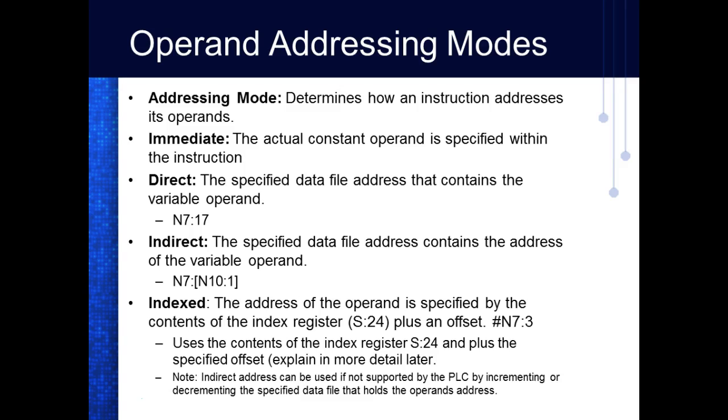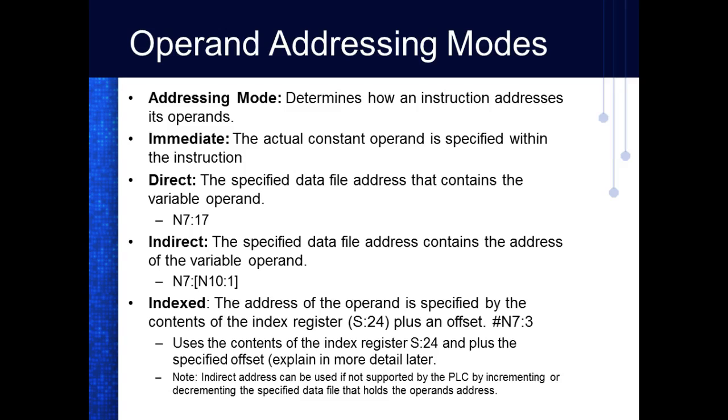And then that would be where the address of the operand is. So we use a hashtag to indicate we're using indexed addressing. Everybody follow this? Then it's going to take N7. The address is going to be plus 3 of whatever's in the index register.